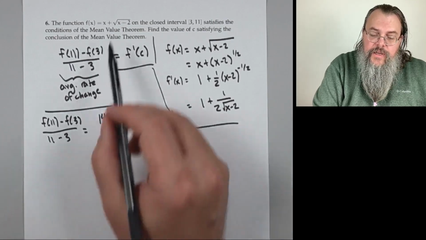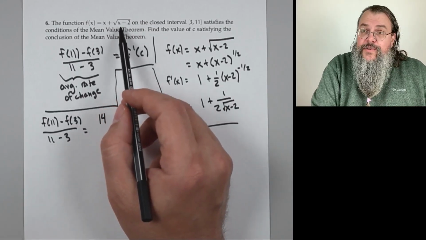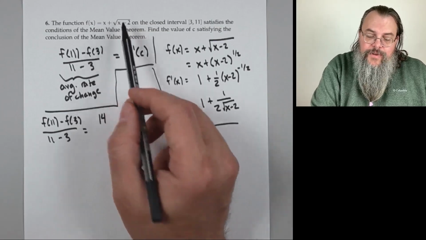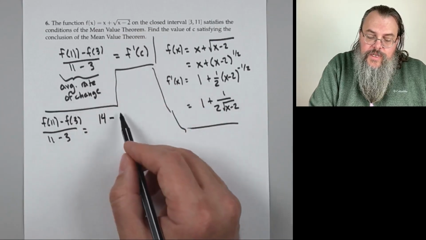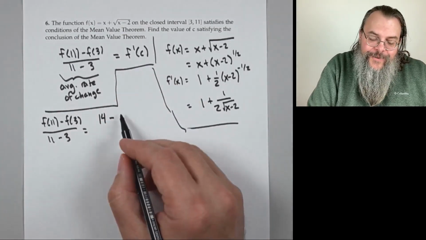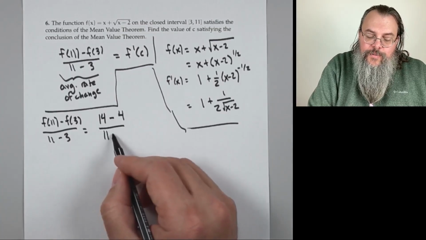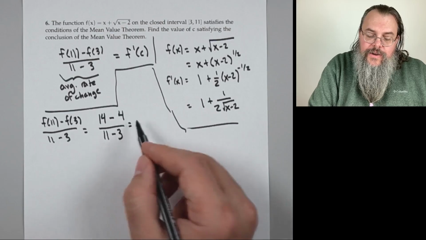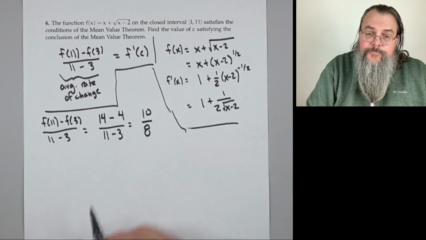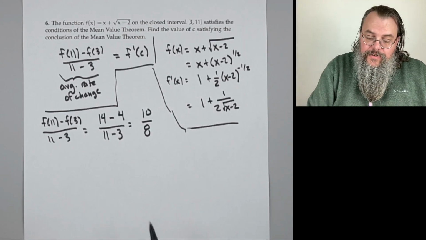Plug in 3. 3 plus the square root of 3 minus 2. 3 minus 2 is 1. Square root of 1 is 1. So we have 3 plus 1, which is 4. So 14 minus 4 over 11 minus 3. Okay, so that would be 10 over 8.